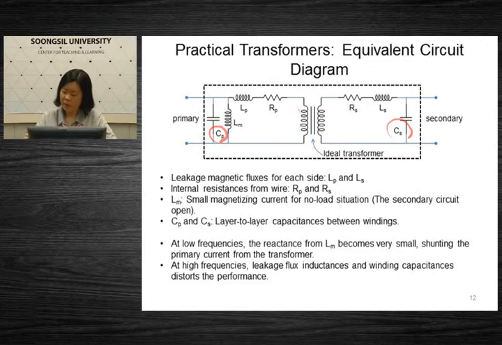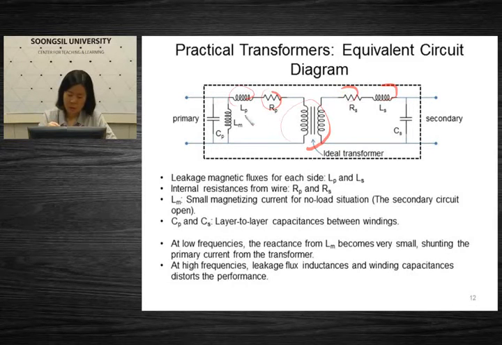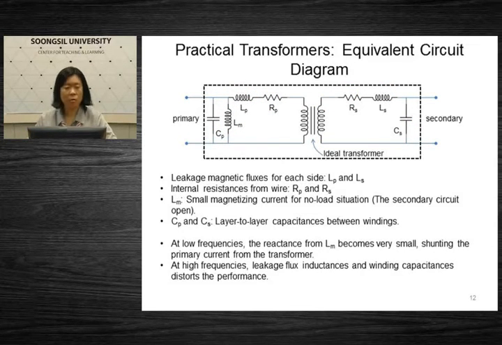So, in the practical transformer, we have many components: the original ideal transformer, leakage magnetic flux, internal resistance, a small magnetization coil, and capacitance. These additional components will affect your circuit. For example, at low frequencies, the reactance of Lm becomes very small.